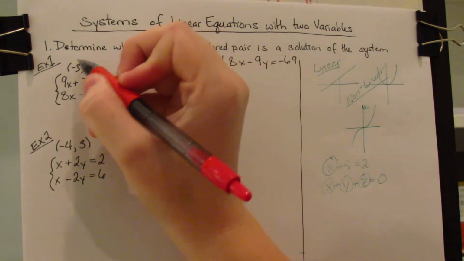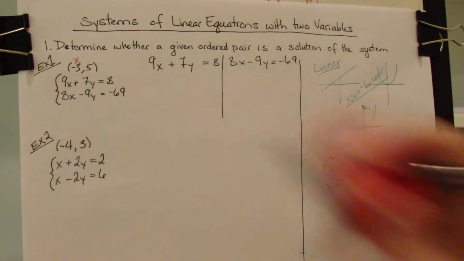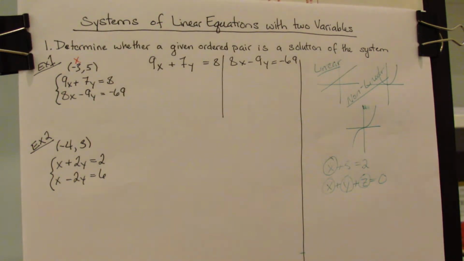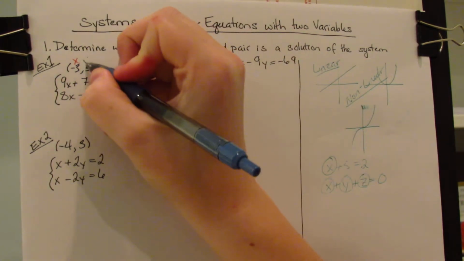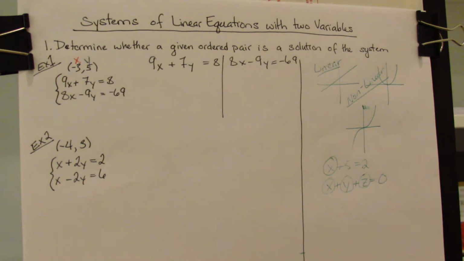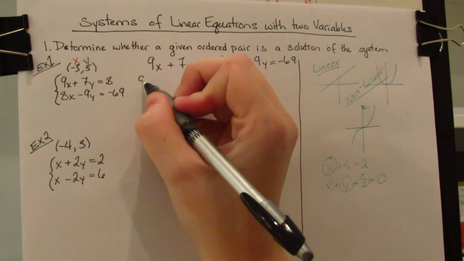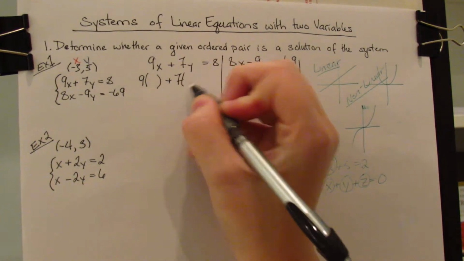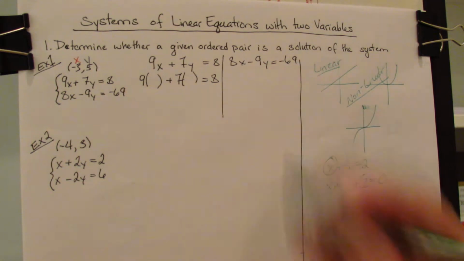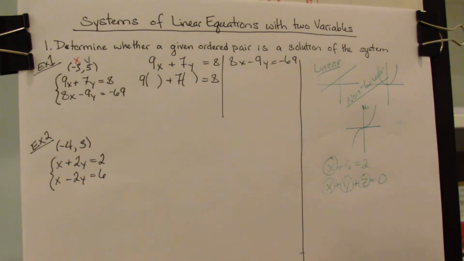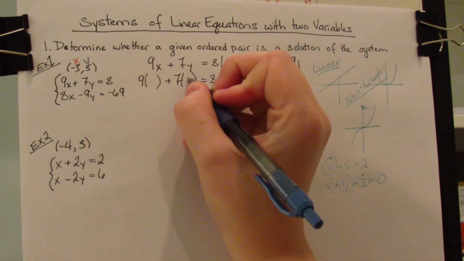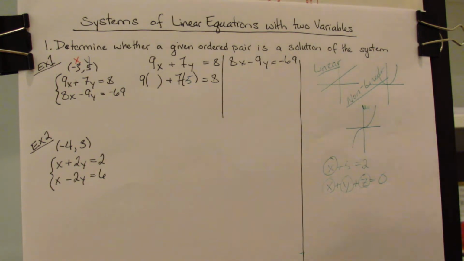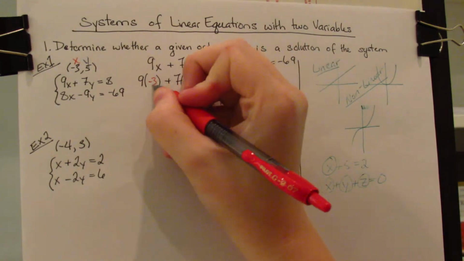Now we also have an ordered pair right here, which has an x coordinate and a y coordinate. Now all we have to do is essentially plug those numbers in. So wherever we see x and y, we want to plug those numbers in. We have y equals 5 and x equals negative 3.